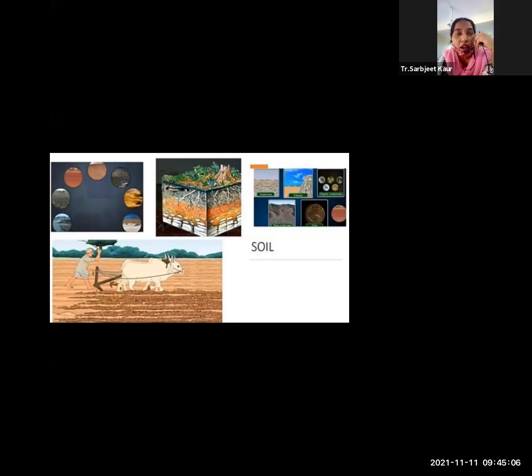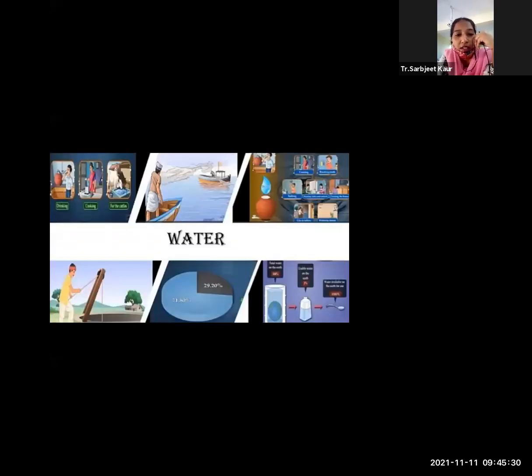We can see these colors in different regions, or we can say different climates. Now in the third picture, we can see where we are getting the soil from. We are getting soils from rocks, from the mountains, from a forest. Okay. Now let's move further.